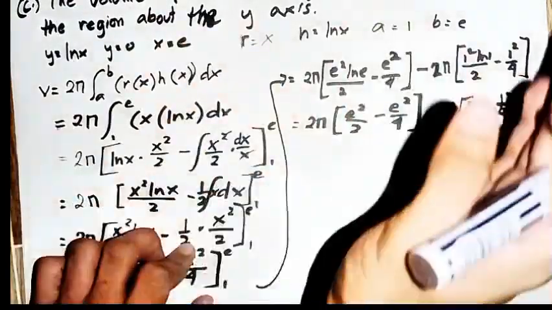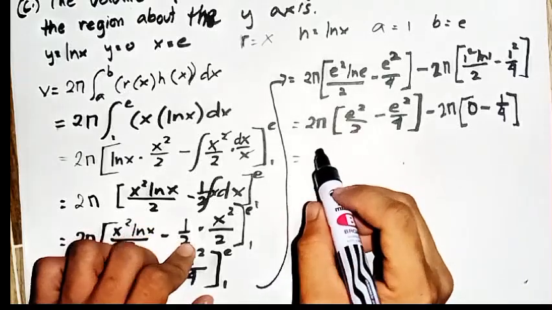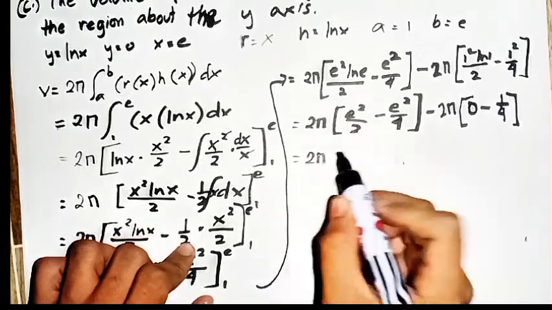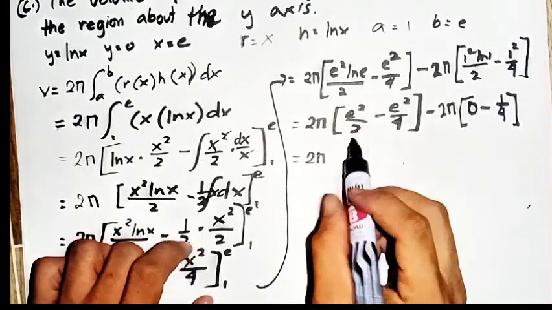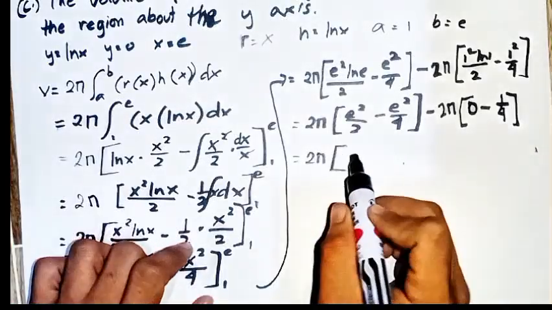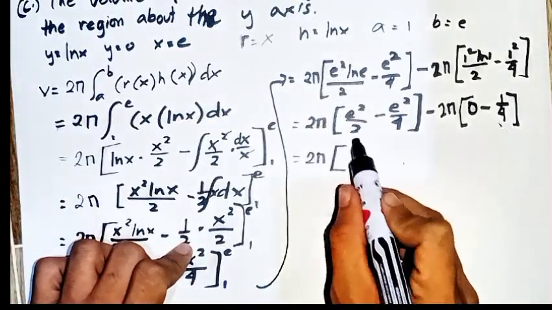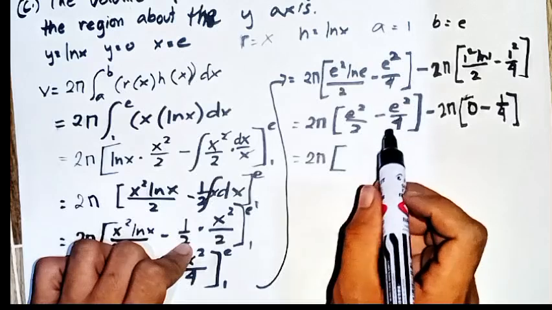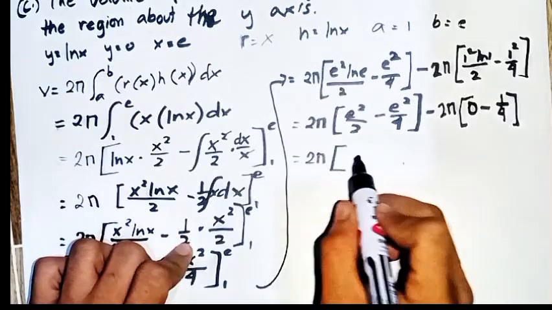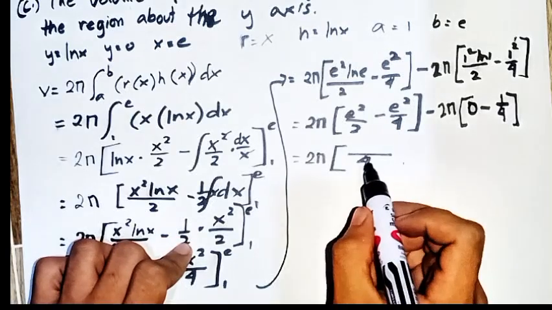Next, copy the 2 pi. Now let's subtract this, since we have denominators 2 and 4, and the LCD for this is 4, so we will use this as our denominator.